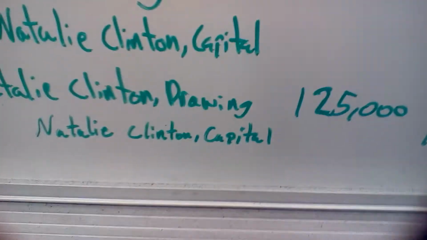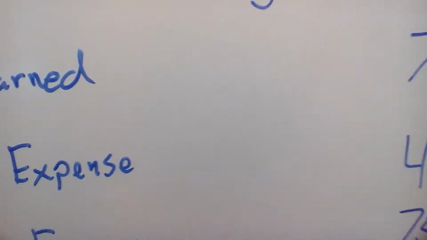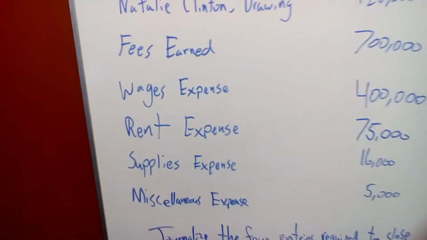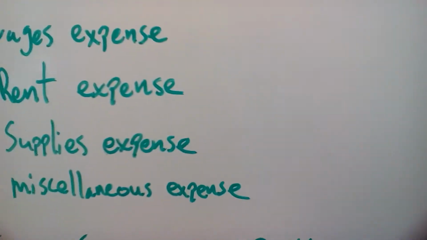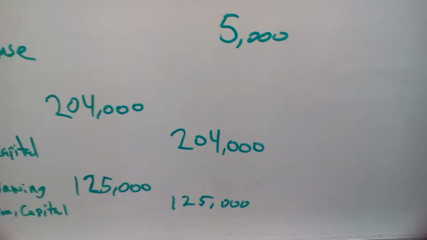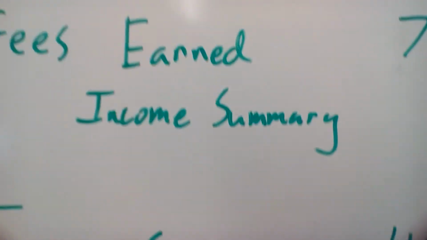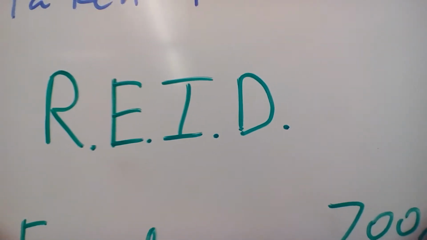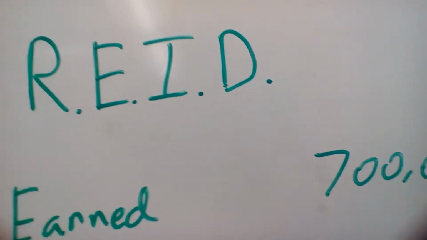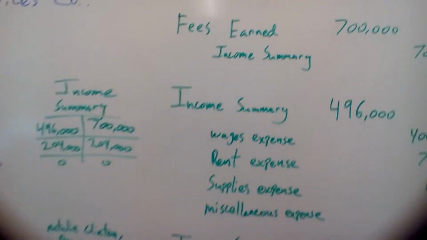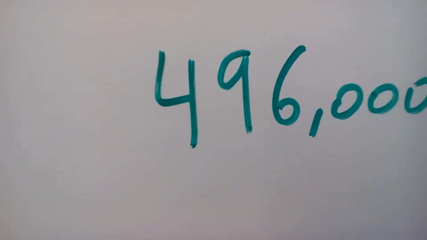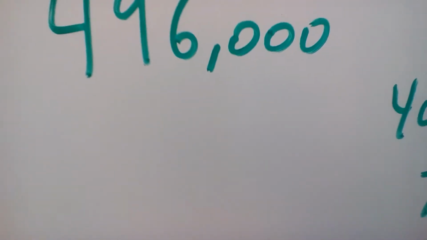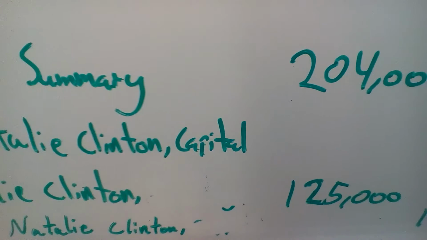As you can see, we can condense this information into 4 journal entries. The 4 main closing entries are the revenues, expenses, our income summary, which is our holding account, and then our drawing account, which is last. I can switch this out really quick just to show you.